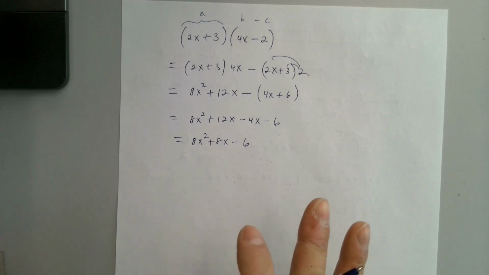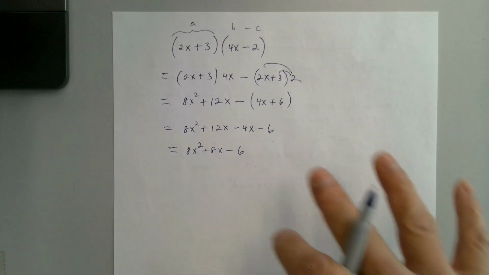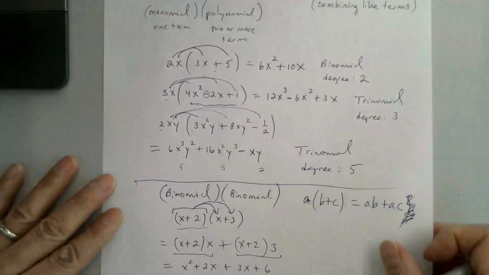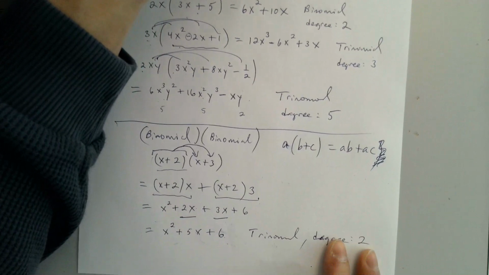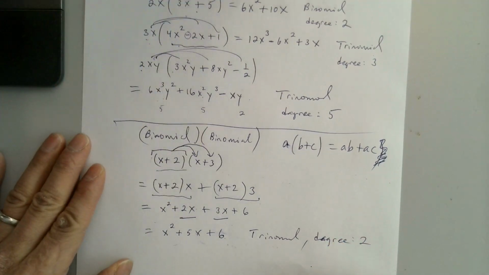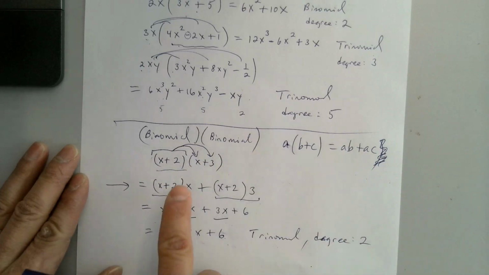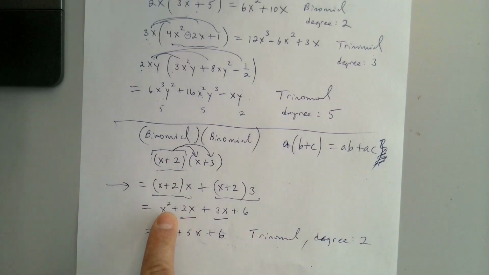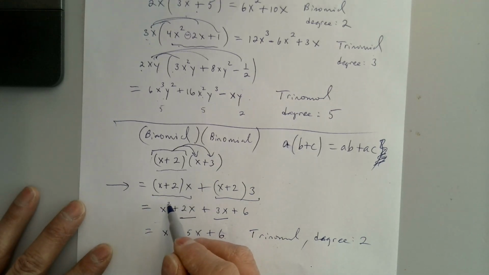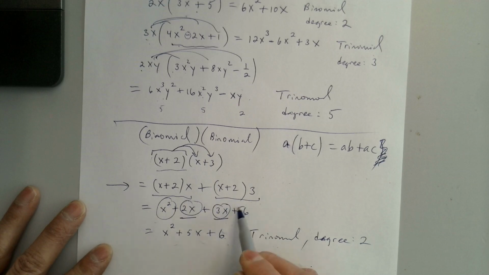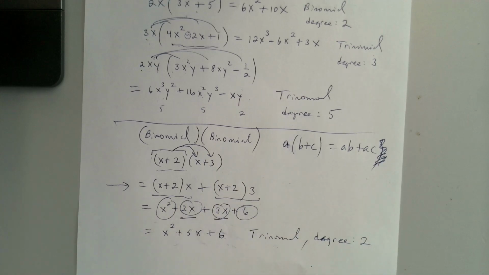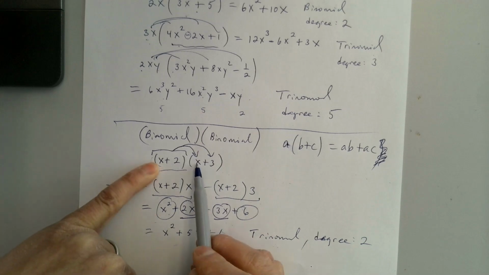Okay, now I want you to notice something in the last 2 examples. This step right here, for some of you, is going to feel unnecessary because you may have noticed something about these 4 terms that we got in the second step. This first term, x squared, is the product of x and x.